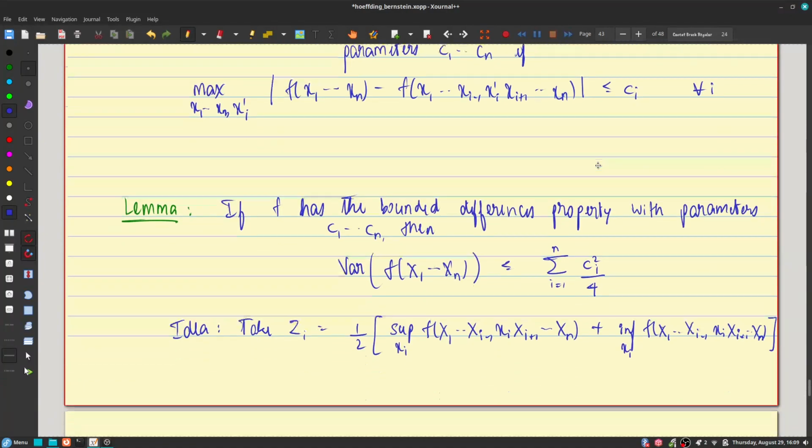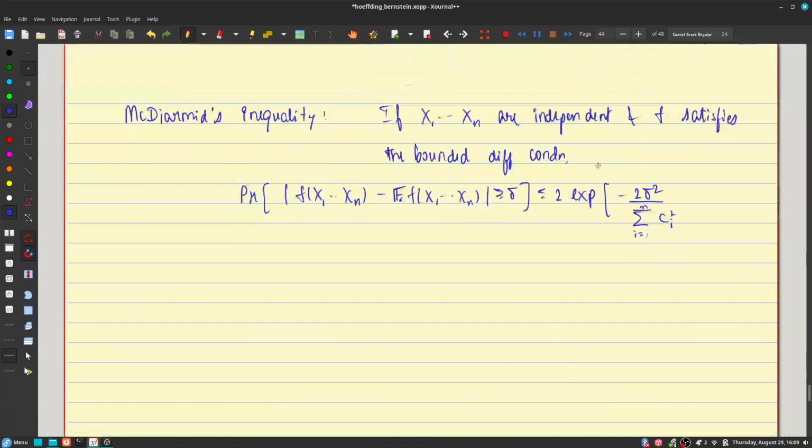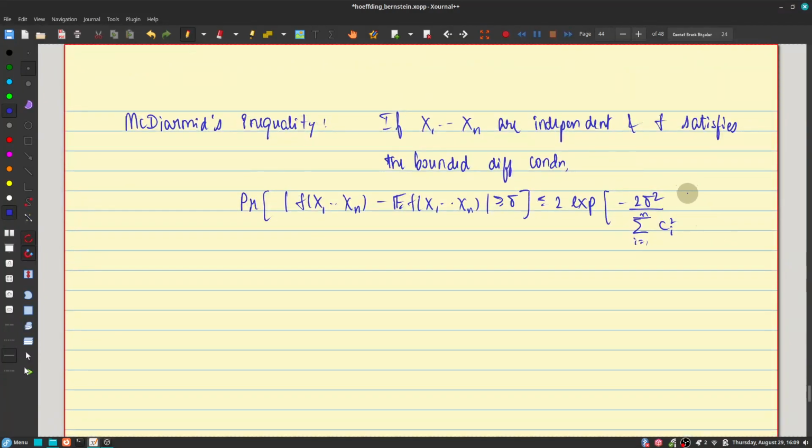So just this requirement that the function value doesn't depend too much on a single variable, that itself is enough to give us a sub-Gaussian tail bound on any arbitrary function. Note that there's a difference when we are going from, say, sub-Gaussian, sub-exponential random variables or sums of those random variables. In that case, we were essentially making assumptions on the random variables themselves, that they're either sub-Gaussian or sub-exponential.